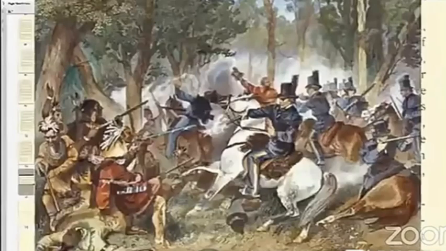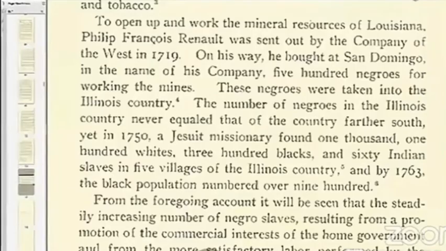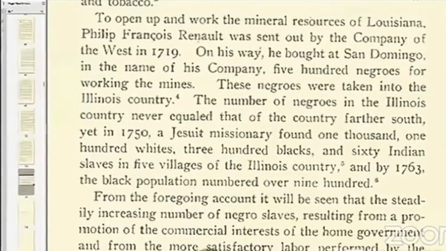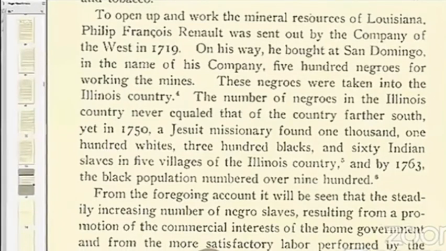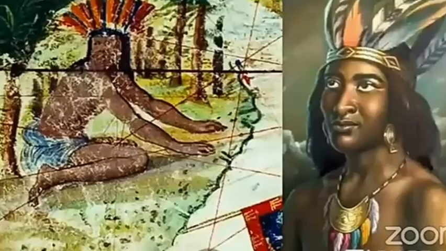It says here, to open up and work the mineral resources of Louisiana, Philip Francois Renaud was sent out by the Company of the West in 1719. On his way, he bought at San Domingo, or we're talking about Santo Domingo, right, in Hispaniola, Dominican Republic, in the name of his company, 500 Negroes for work in the mines.